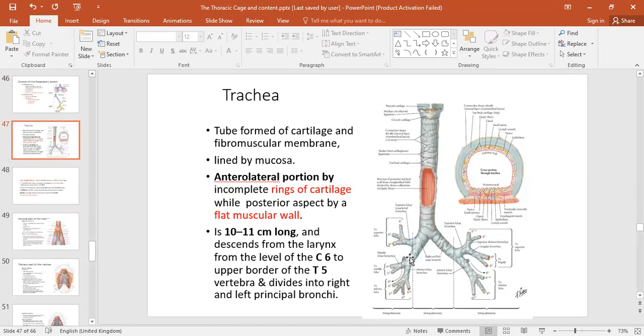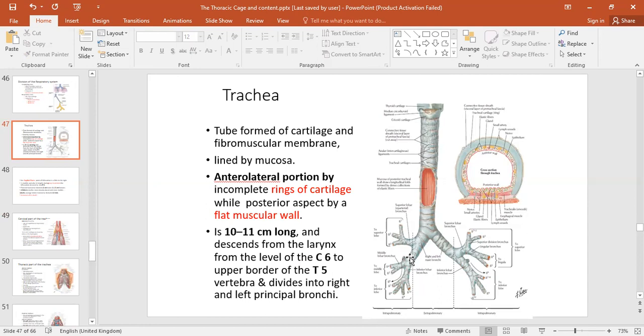Aside from that, all of them have hyaline cartilage, like we discussed. This cartilage enables the respiratory tract to remain open, or patent, so that air can easily flow from the upper airway to the lower airway, like we established, that there is an upper respiratory tract and a lower respiratory tract.